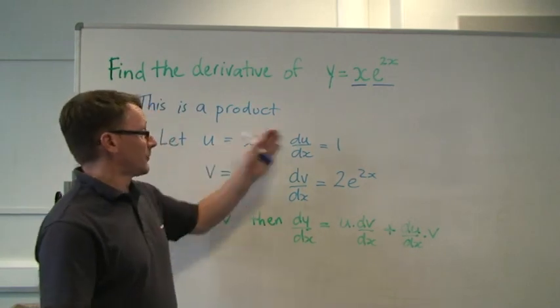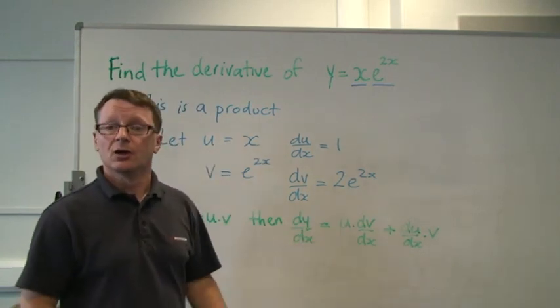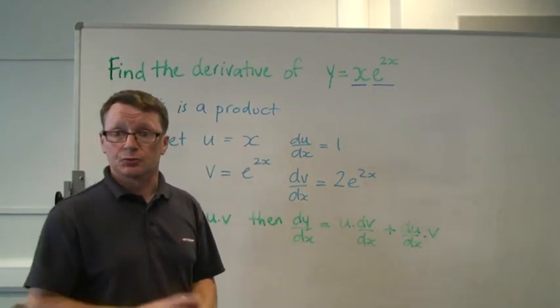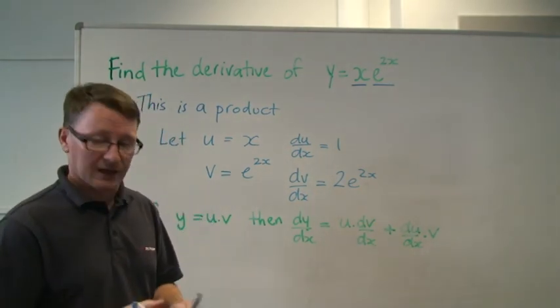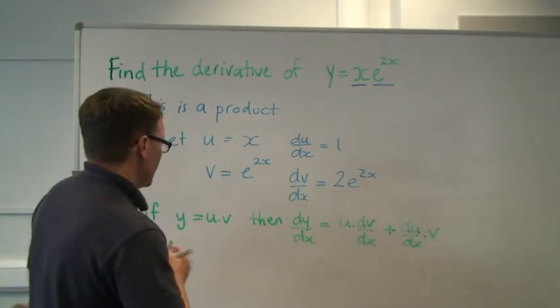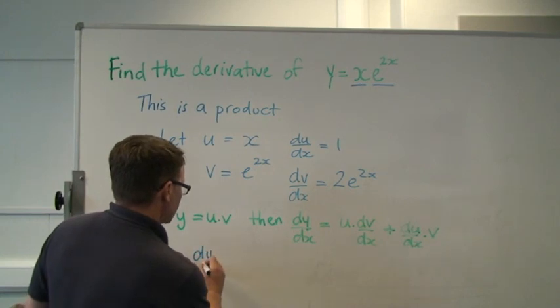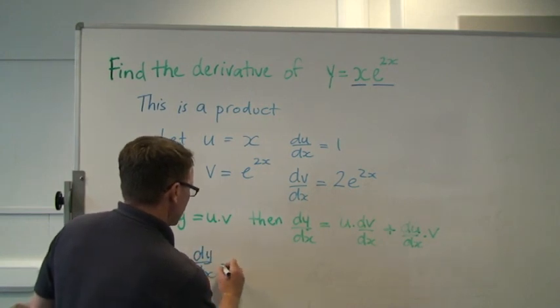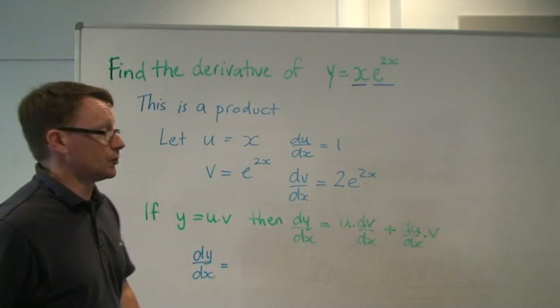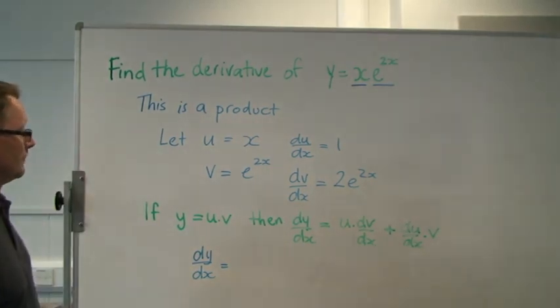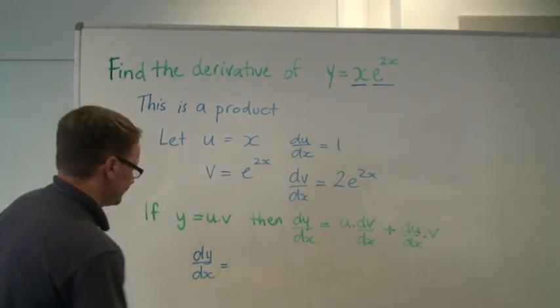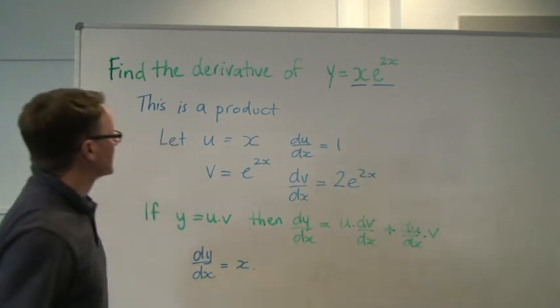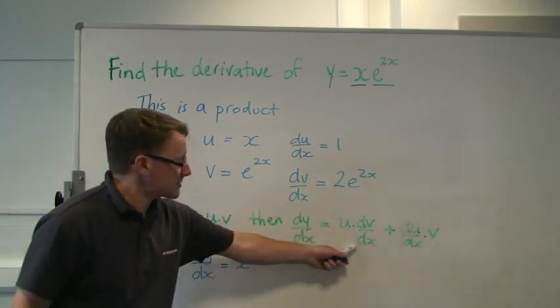We have all of the constituent parts written down, so it's just a case of substituting those parts in and coming up with the final answer. So let's do that. dy by dx must be equal to u. u is x times dv by dx.